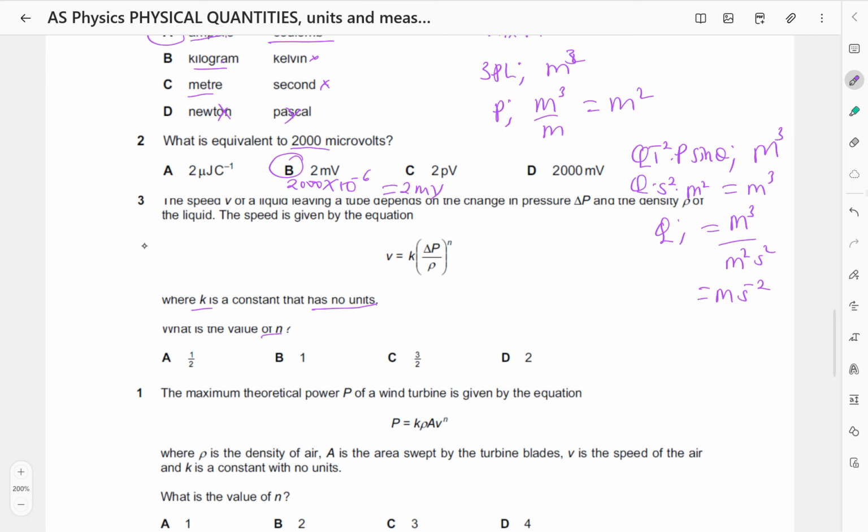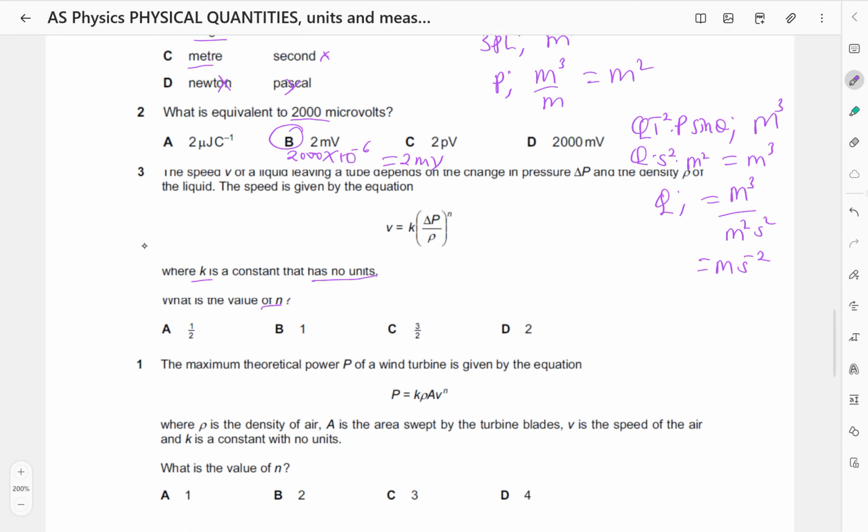So here, to find the power, we equate units, we use the principle of homogeneity. V is speed, which is going to be meters per second. K has no units, I will not get bothered about it. P is pressure. We know that pressure is force over area.